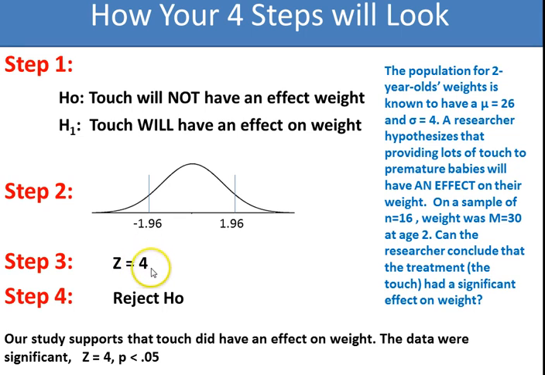And then we'd have to ask ourselves, is this a high probability outcome or a low probability outcome? Well, the 4 would fall somewhere out here in this tail, so it is a very low probability outcome. And if our test statistic falls inside that low probability outcome area, that critical region area, then the right decision would be to reject the null hypothesis.